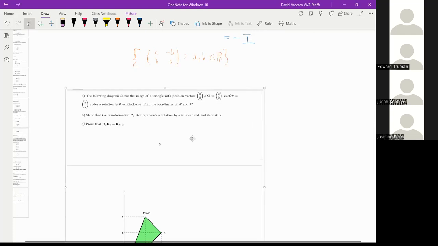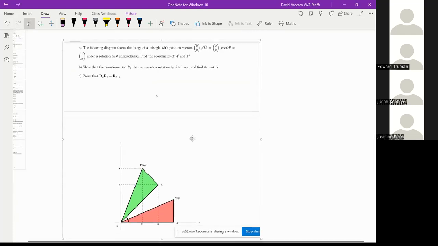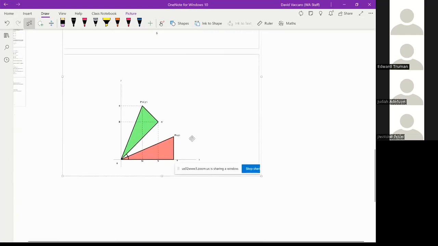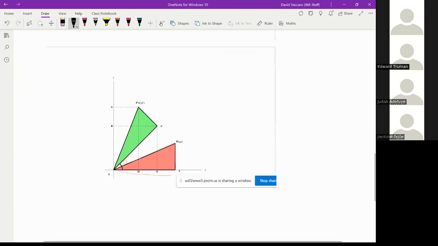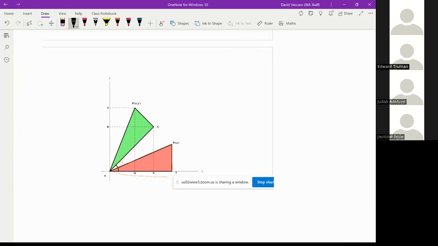Let's read it. So the following diagram shows a triangle, 0, 0, x, 0, and x, y. So that's this pink triangle. And it's rotated by theta degrees so that this point x, y maps onto this new point up here.